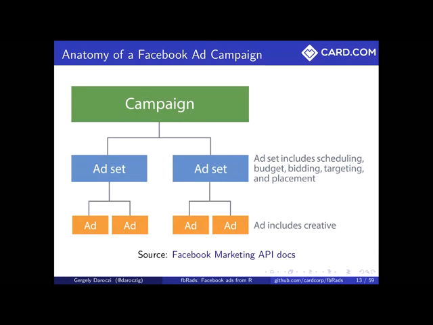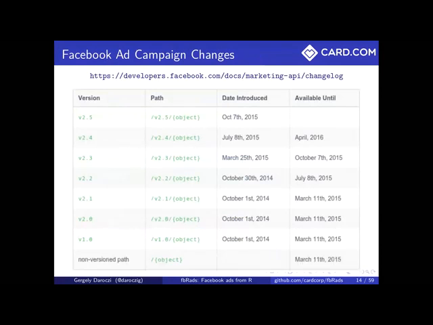And the third level is called ads or ad groups, where you include the creatives, so the image and the text for your ads. So this is very, very simple. You create a campaign, you create an ad set for your budgets and target, and then you define the ads with an image and the text. Which sounds very, very simple if you have been dealing with Facebook ads and especially with the marketing API.